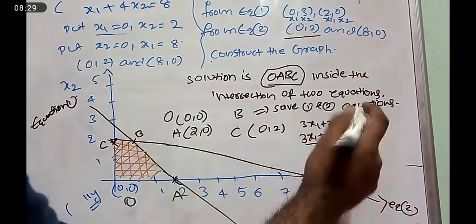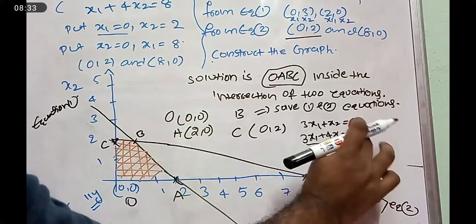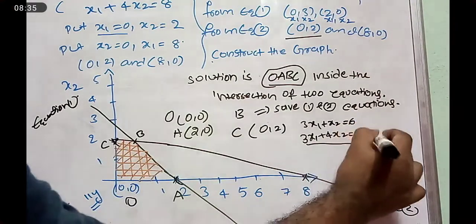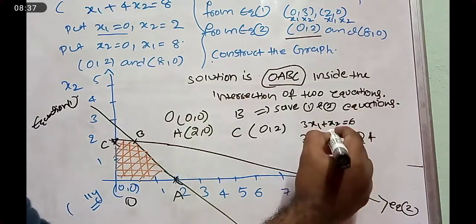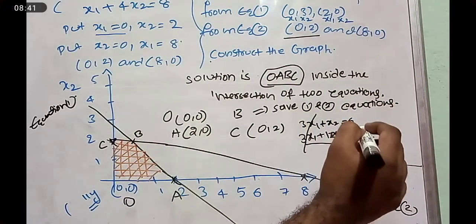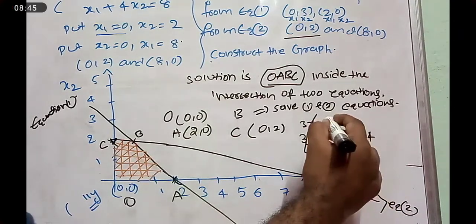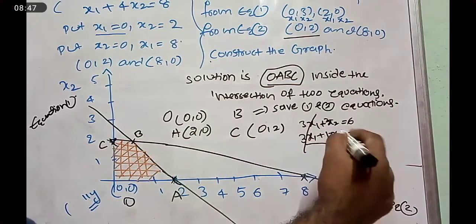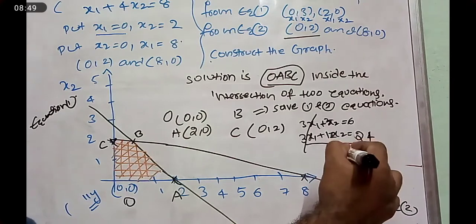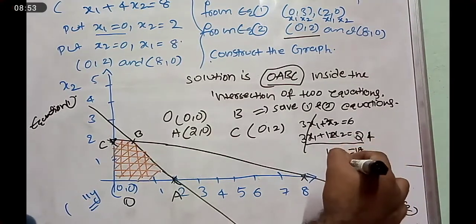So multiply equation 2 with 3 and eliminate the 3x1. The remaining is 12x2 minus 2x2, that is 10x2, which is equal to 24 minus 6, that is 18.